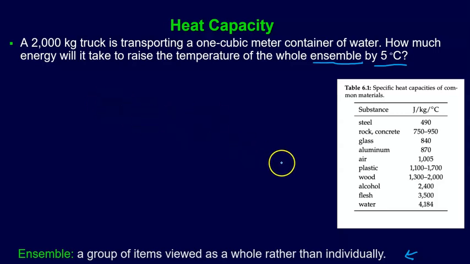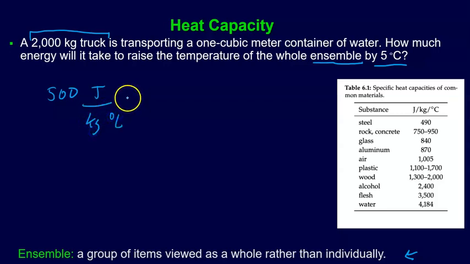Again, we'll use the same sort of idea. A truck is going to be mostly steel, so again, I'm going to be kind of sloppy with this and call the heat capacity of steel 500 joules per kilogram per degree Celsius. It's a 2,000 kilogram truck, so I'll write that there, and then I'm increasing its temperature by 5 degrees. Again, the whole idea here is that we're canceling units.